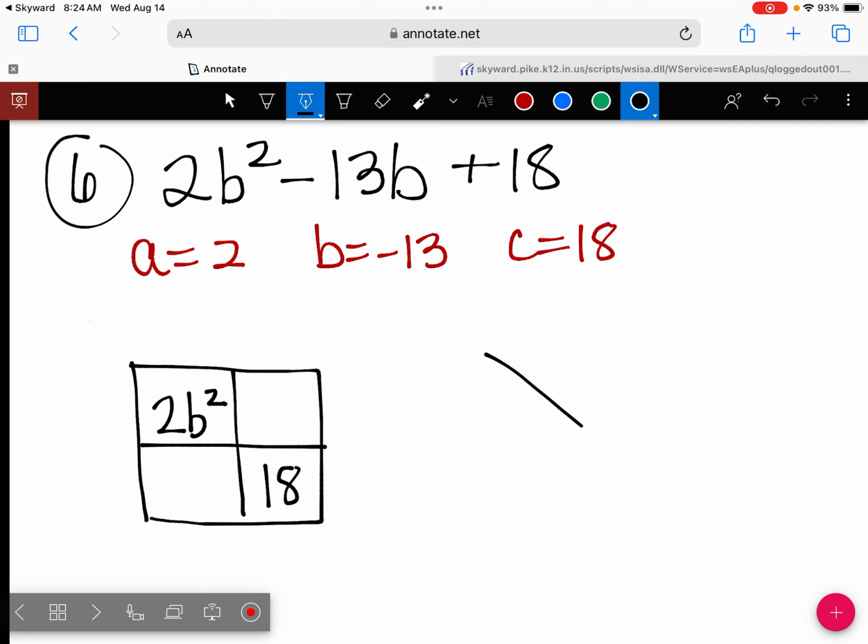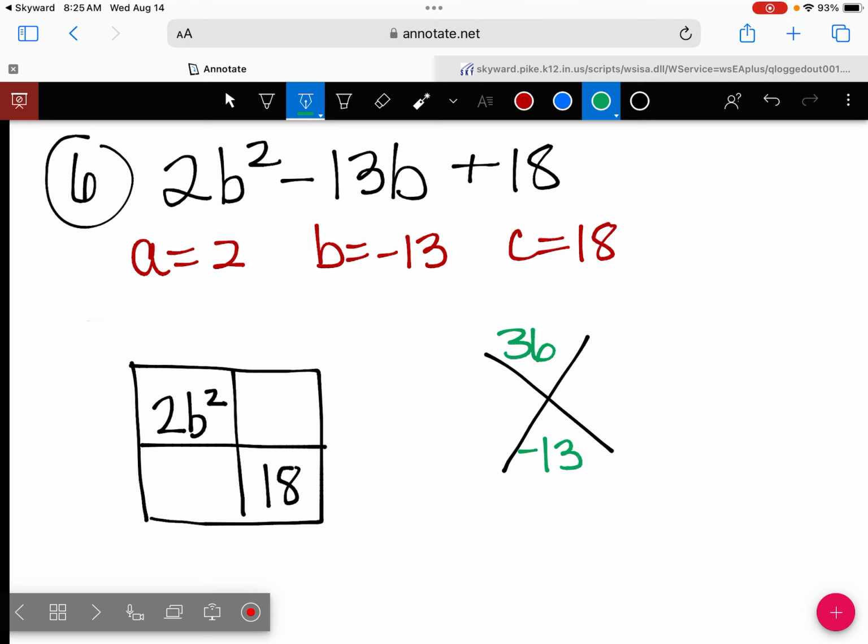And now we make our x. On top of the x is A times C. So pick up your calculator if you need to. Take 2 times 18 and put that at the top. 36.